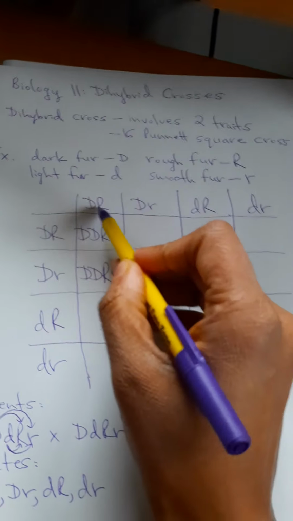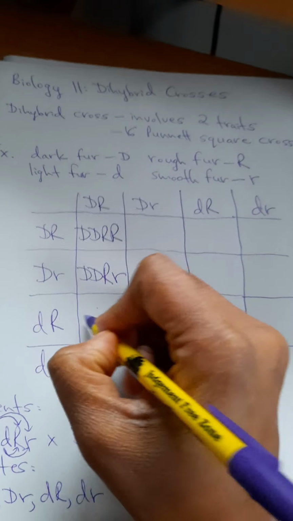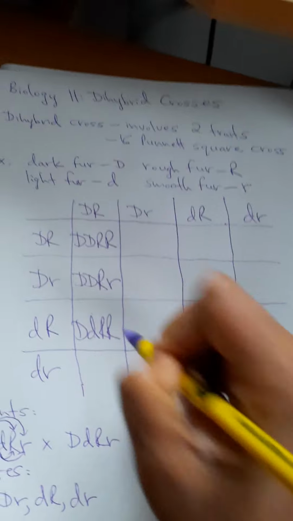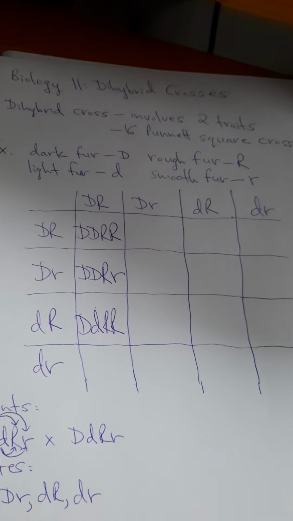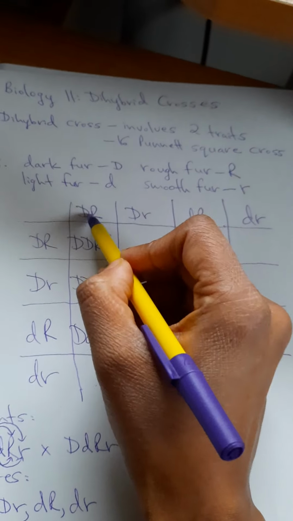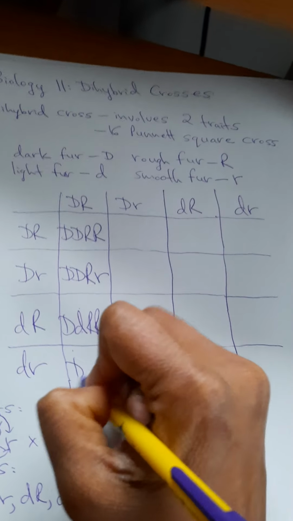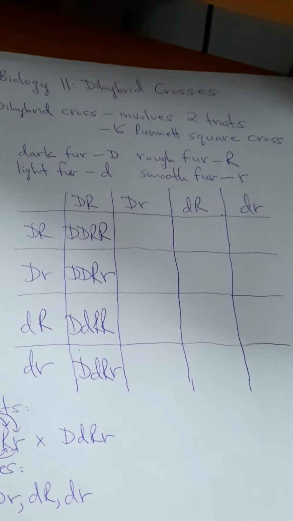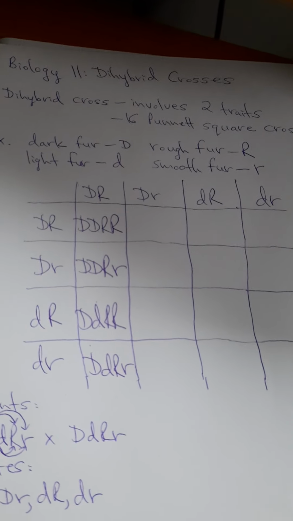Let's try this box here. Bring both of these down. Capital D, small d, capital R, capital R. And now say I'm doing this one. I'm bringing it down one more time. Capital D, capital R, small r.